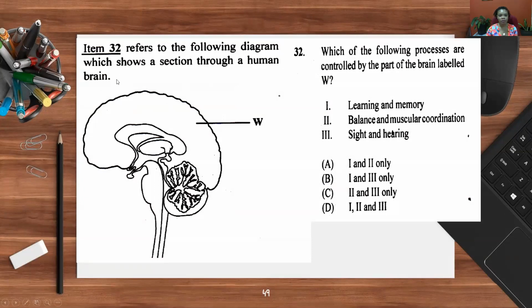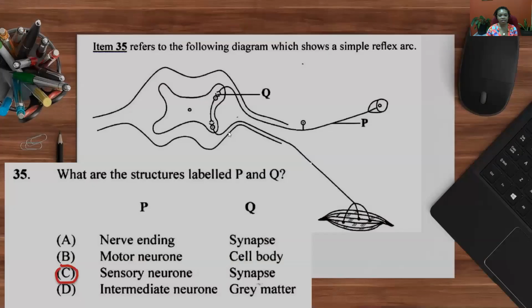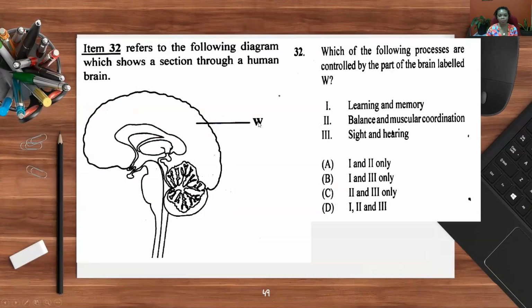Item 32 refers to the following diagram, which shows a section through a human brain. What is the name of W? So remember, all of this, which you just looked at, all of it is the cerebrum.